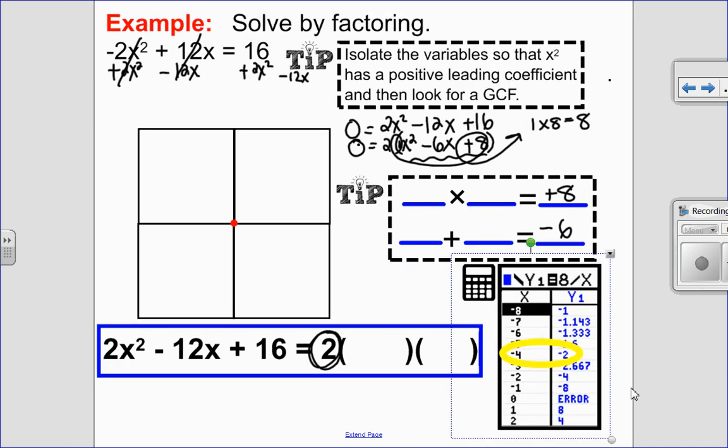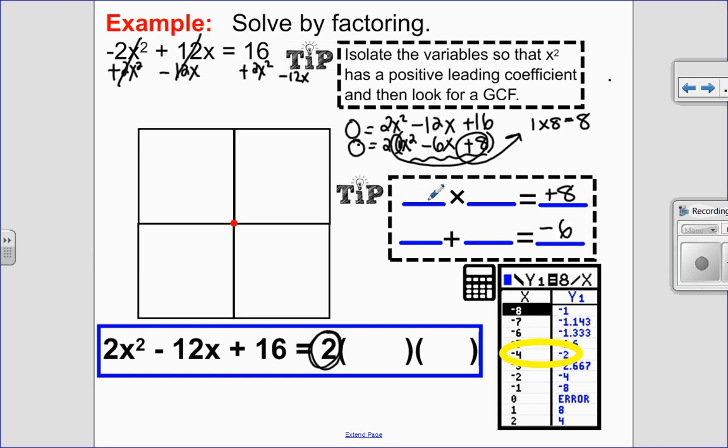So looking at all the factor pairs of 8, I do in y1, 8 divided by x. And I'm looking for factor pairs that multiply to a positive, add to a negative. Well, the only way that's possible is if both numbers are negative. So I went backwards in my table to look at my negative numbers.